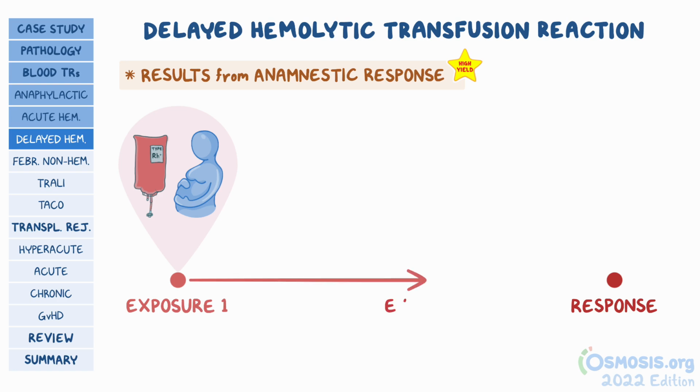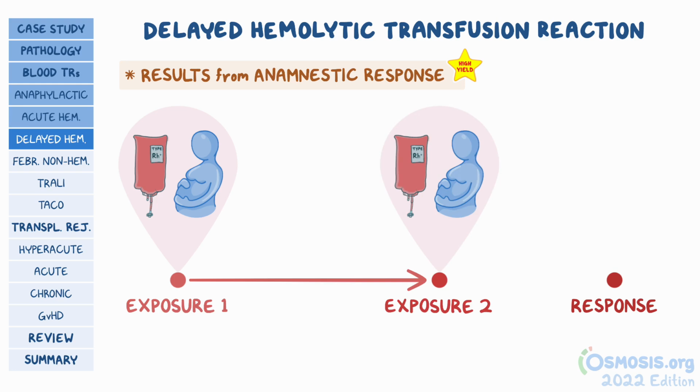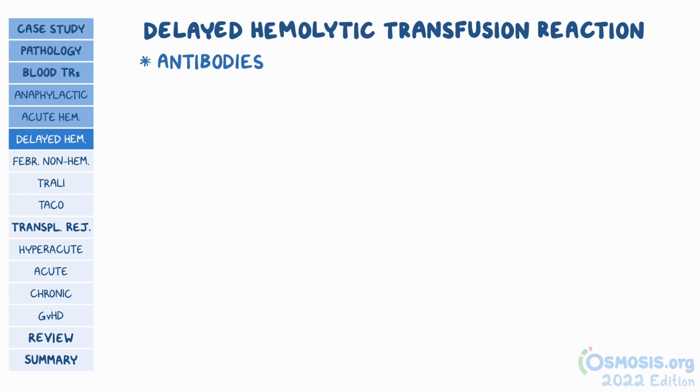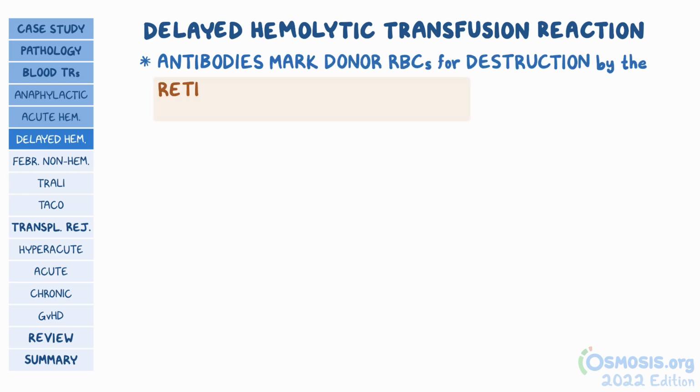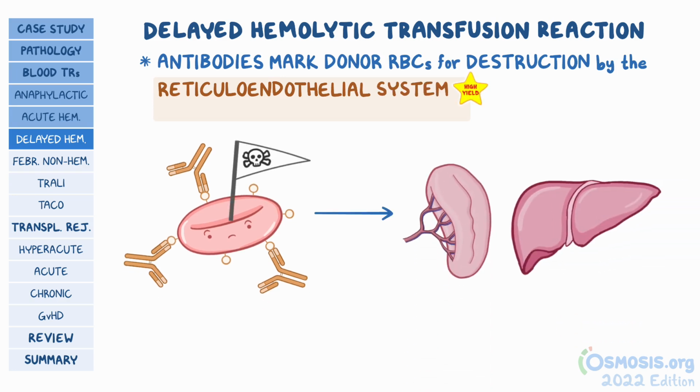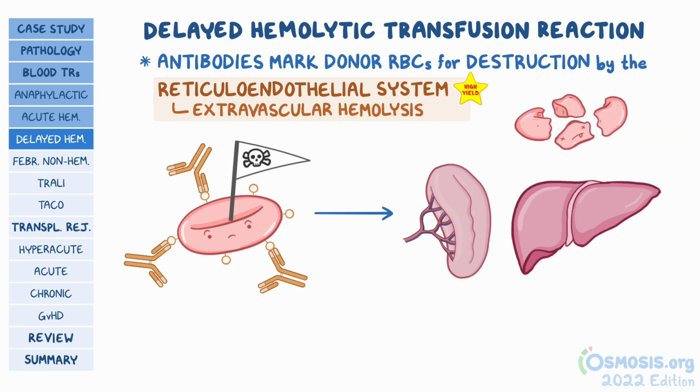On a subsequent exposure, like a later blood transfusion or a second pregnancy, these antibodies will be ready to trigger an intense immune reaction. Now, in delayed hemolytic transfusion reactions, the antibodies don't directly destroy the donor's red blood cells, but rather mark them for destruction by organs of the reticuloendothelial system, meaning the spleen and liver, resulting in extravascular hemolysis.